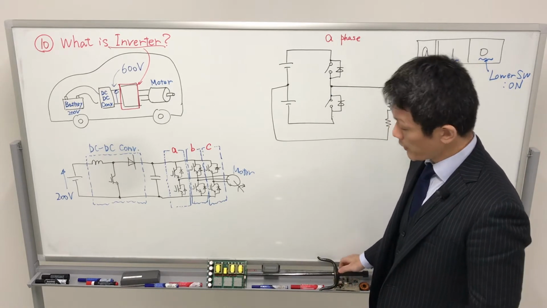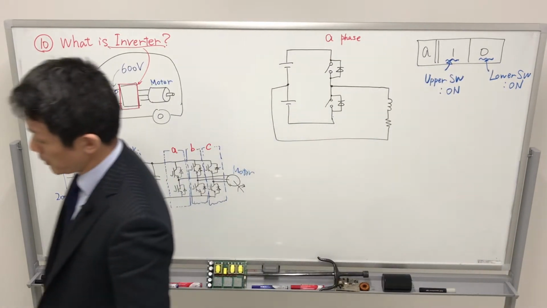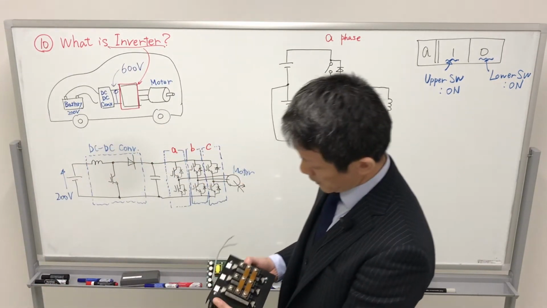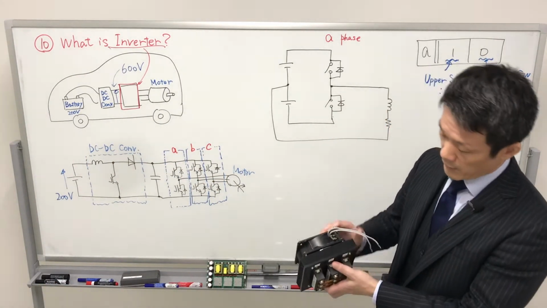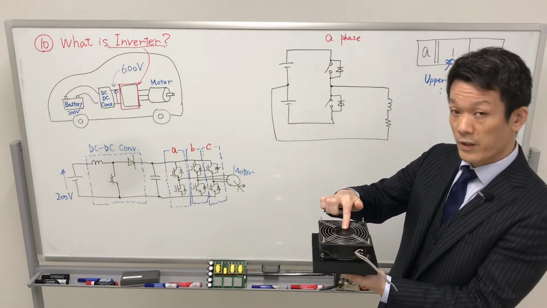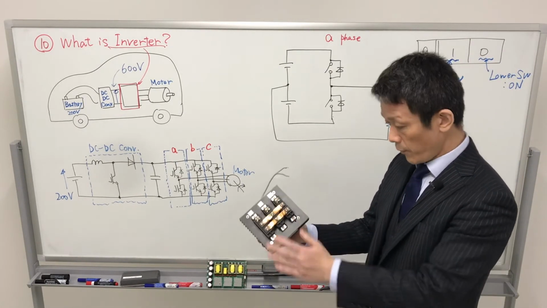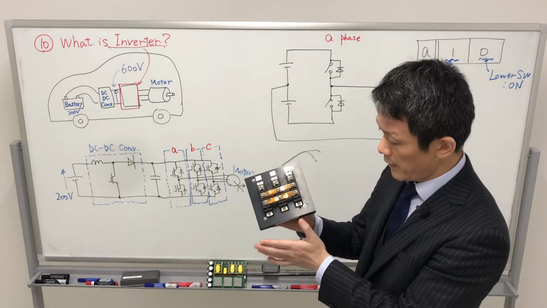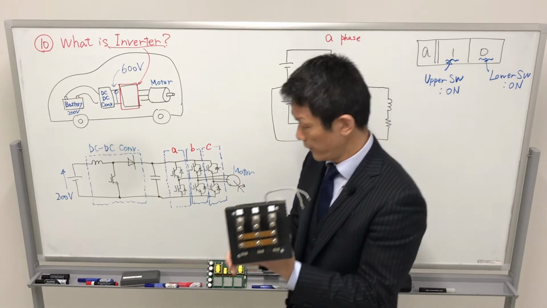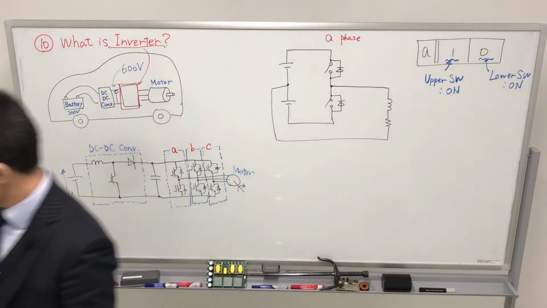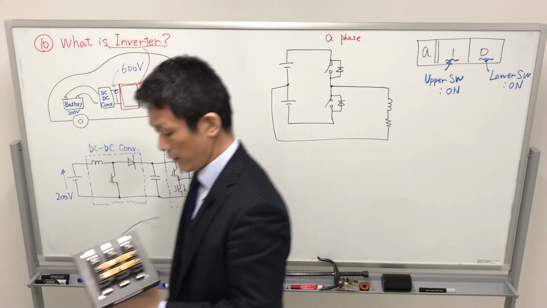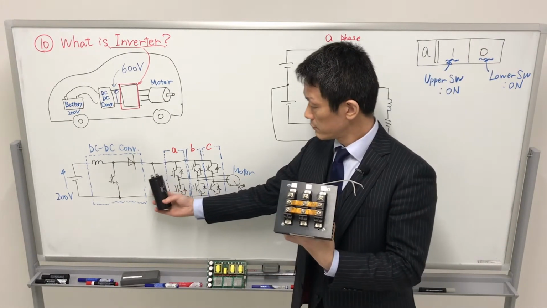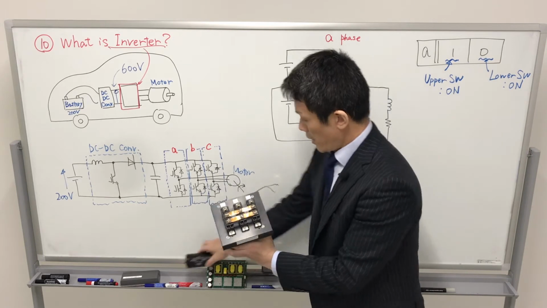Inverter is usually composed of three phases. This is a real inverter with a cooling system and a cooling fan concept. And of course, we require the gate drive circuit. However, this is a power circuit, power conversion. Of course, we require the capacitor and inverter.